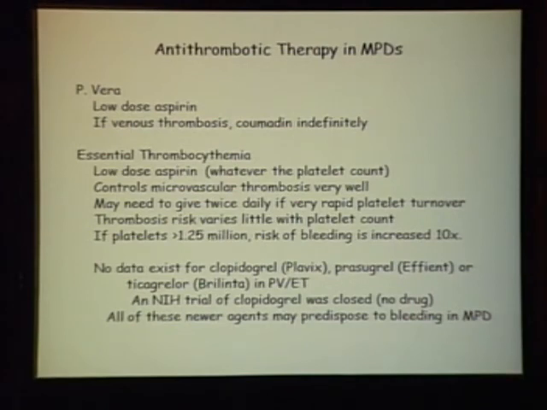So simpler is better. We need antithrombotic and antiplatelet agents in some settings of myeloproliferative disease, but at this time, we would do better, I think, to stick to the older ones, Coumadin and aspirin, if indeed we need them, and to wait for more data before we move on to newer drugs. Thank you.